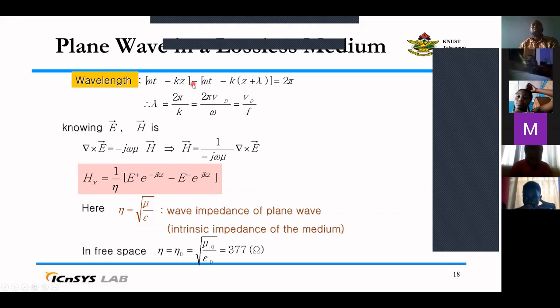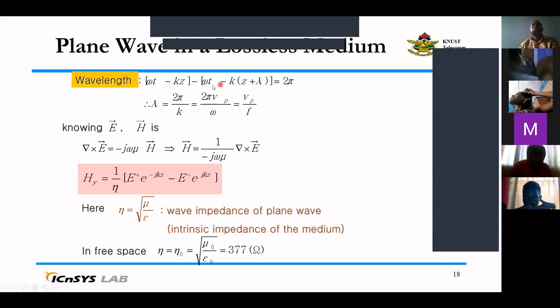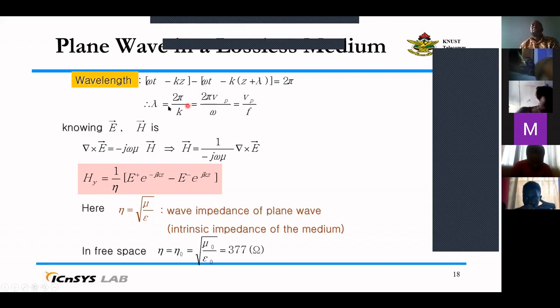Obviously, omega t here will subtract omega t here, so 0. And then kz minus kz will also be 0. So you have minus times minus k lambda. So that's k lambda, which means effectively k lambda equals 2 pi.